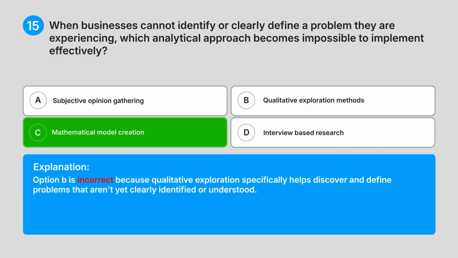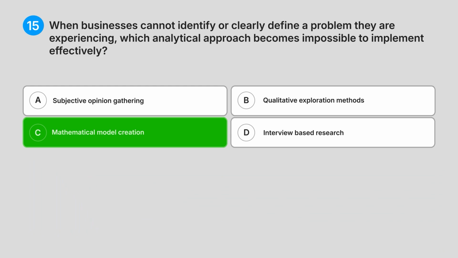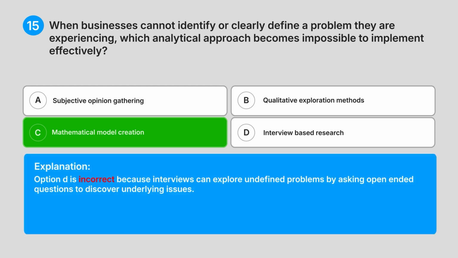Option B is incorrect because qualitative exploration specifically helps discover and define problems that aren't yet clearly identified or understood. Option D is incorrect because interviews can explore undefined problems by asking open-ended questions to discover underlying issues.